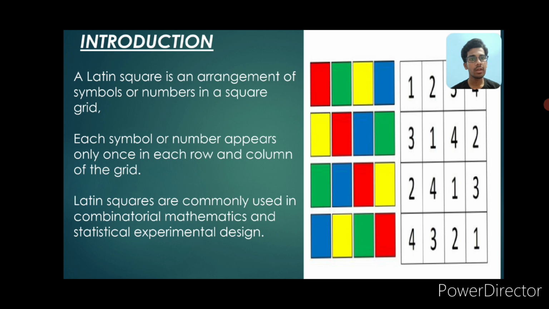It ensures that symbols or numbers appear only once in each row and column of the grid, and are not repeated in the same row or column. Latin squares are commonly used in combinatorial mathematics and statistical experimental design. These Latin squares are used in many fields in mathematics. The main fields are combinatorial mathematics and statistical experiments, which give more efficient use.